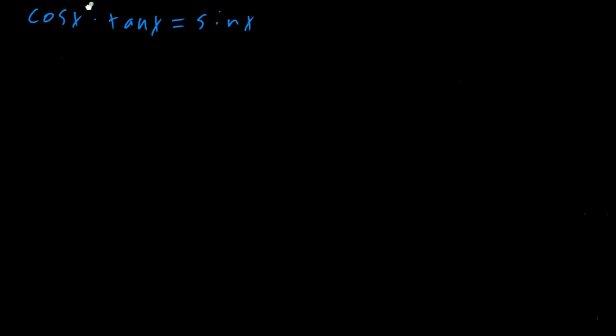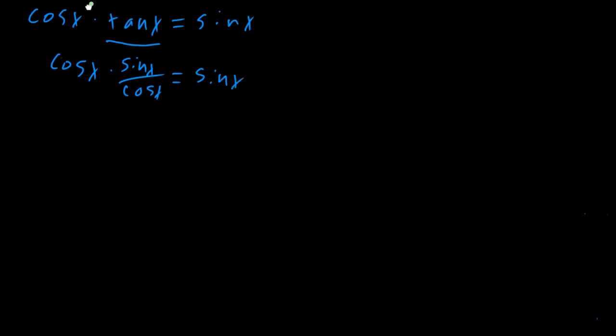We have cosine of x times tangent of x is equal to sine of x. We're going to start out pretty simple. So the first thing we should do is turn this tangent of x into sines and cosines. So we have cosine of x times sine of x over cosine of x is equal to sine of x.